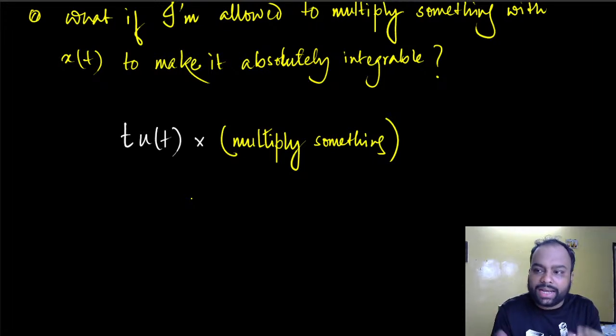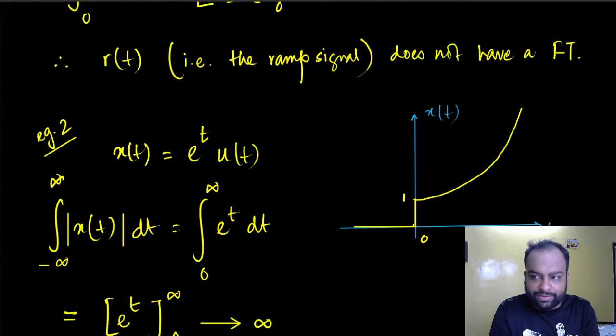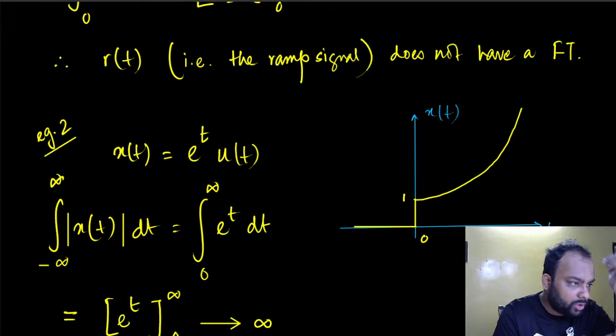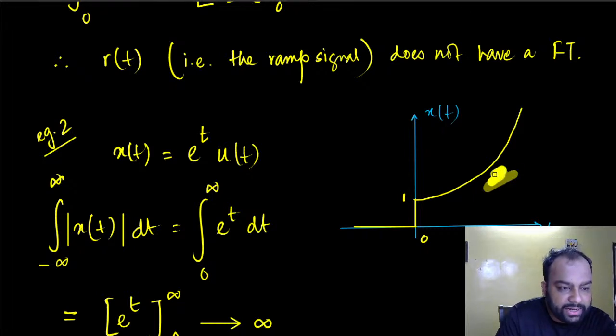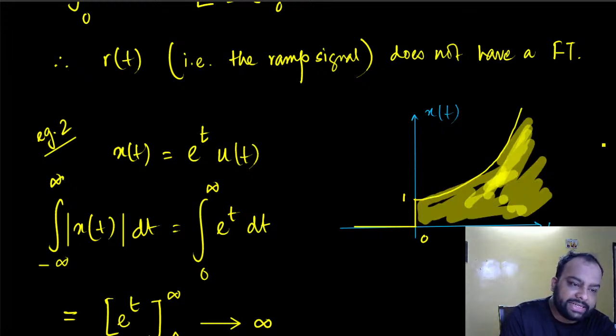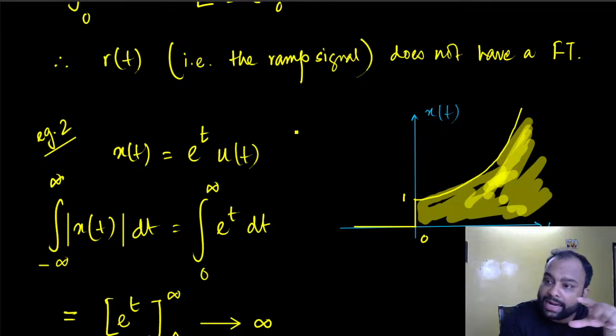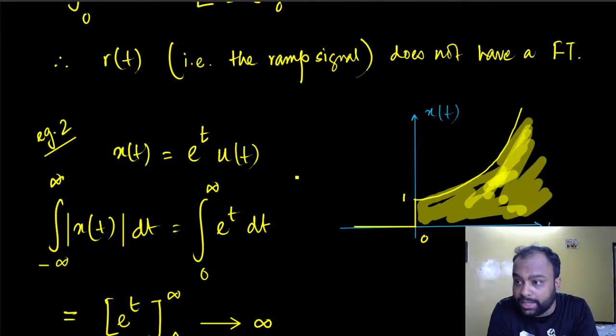But think about it. What does absolute integrability mean? Absolute integrability essentially means that the total area under the curve is finite. Now look at this one. Is the total area under the curve finite? No, actually the total area under the curve is not finite. The area is increasing gradually. So the signal is not absolutely integrable.